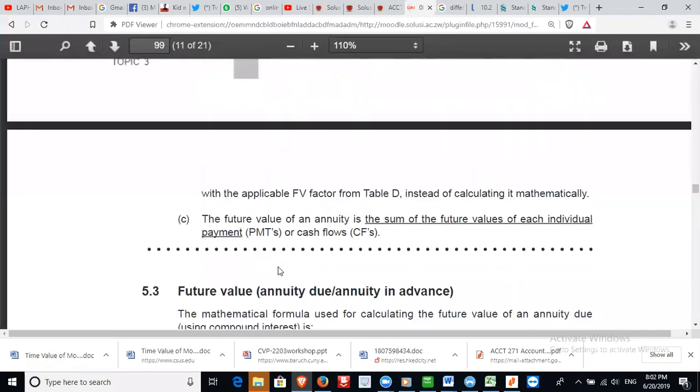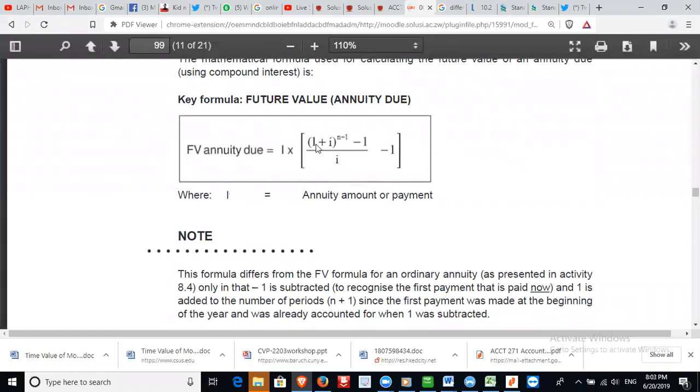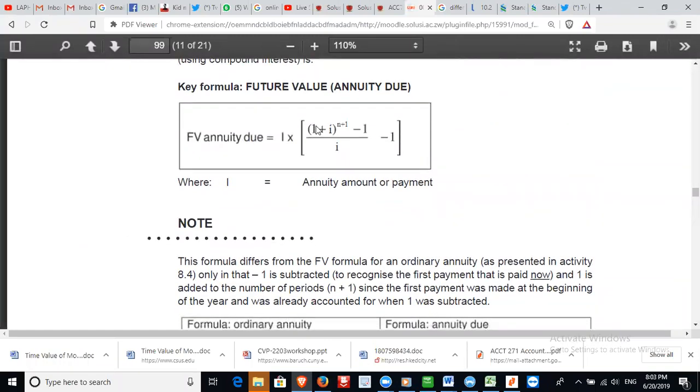But on annuity due, we are saying 1 plus I, n plus 1, then to the power n plus 1, minus 1 over I, minus 1. Take note that on future value annuity, we don't have this plus 1 and also minus 1.